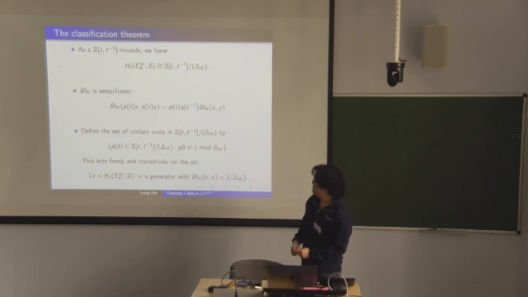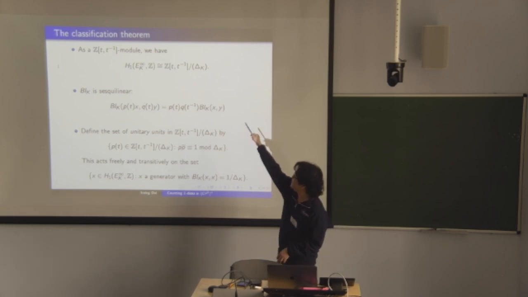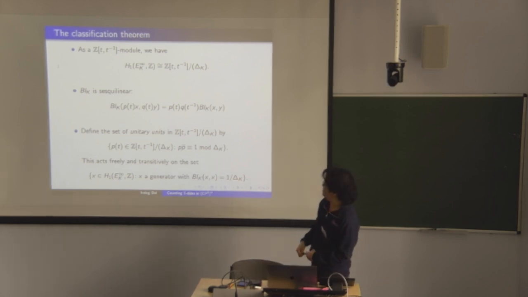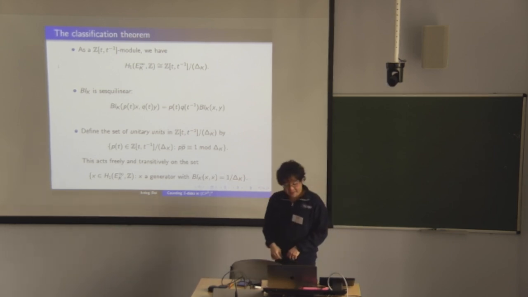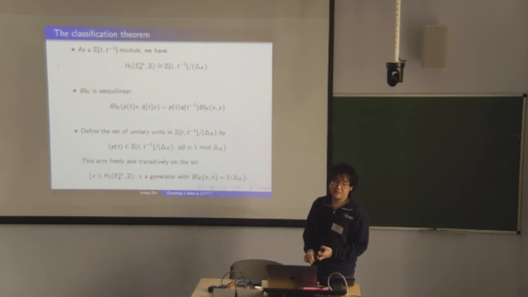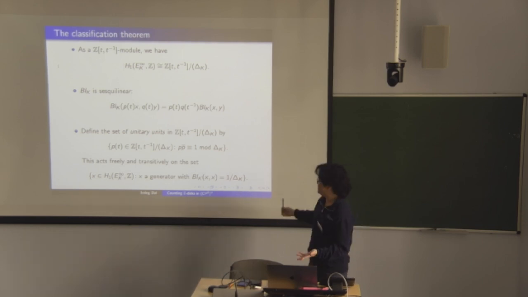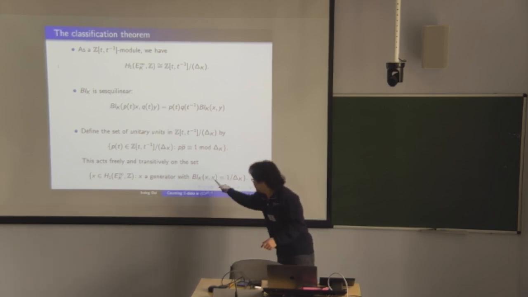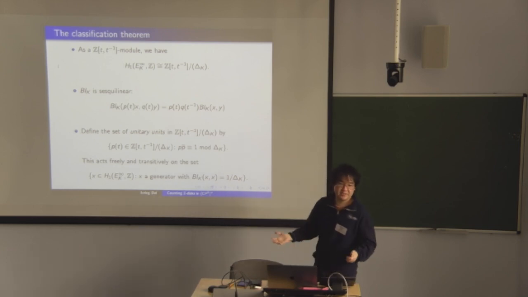The set of unitary units is the set of things inside this Z[t, t inverse] modulo the Alexander polynomial, such that P(t) times P(t inverse) is congruent to 1 modulo the Alexander polynomial. Because the Blanchfield form is sesquilinear, if I take any such P and multiply it by both entries here, then of course I don't change the Blanchfield pairing.